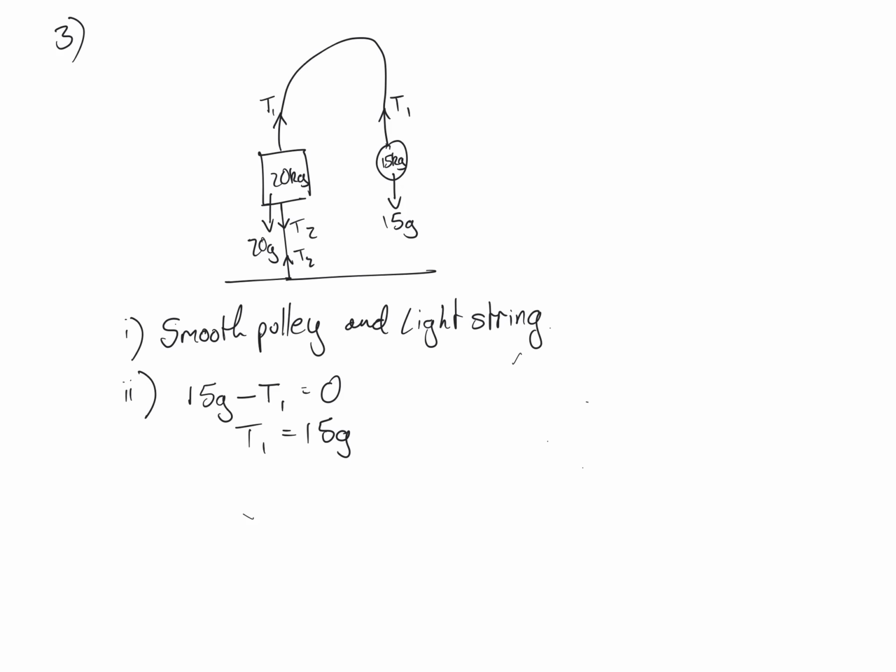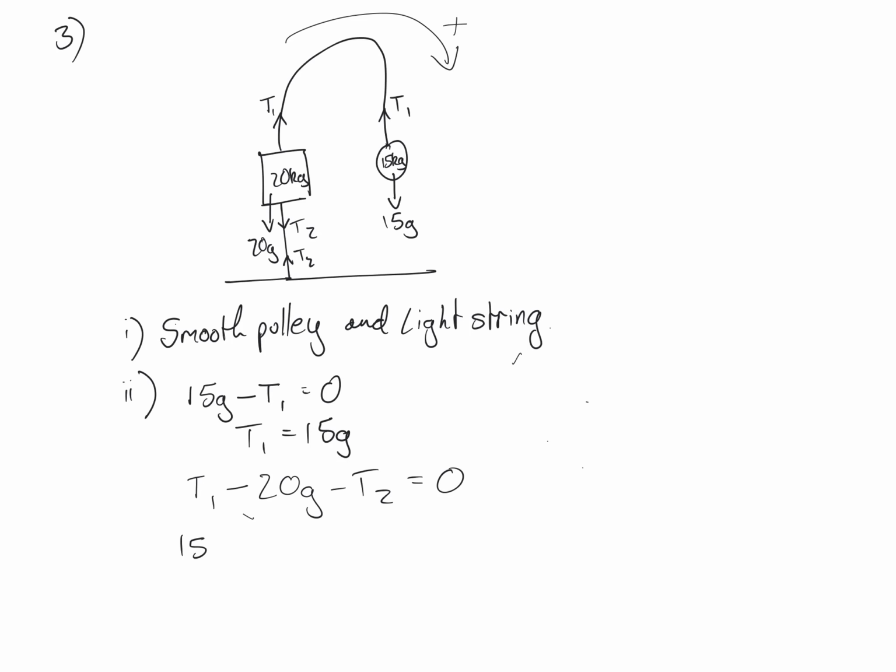And then on the 20 kg, let's keep the directions the same, consistent with the diagram. So we've called this positive. So we'll say T1 minus 20G minus T2 equals 0.